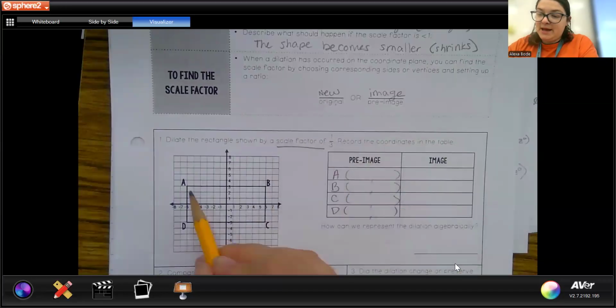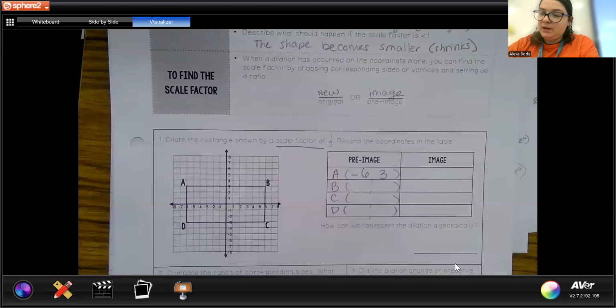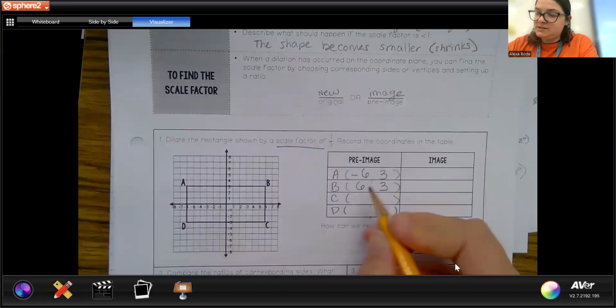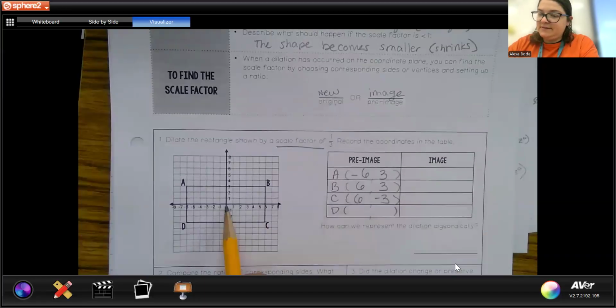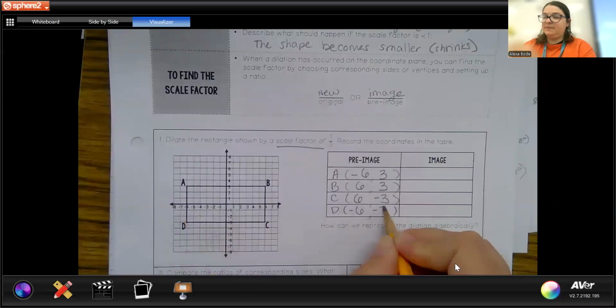So our original point A is over at -6 up to +3, so it's (-6, 3). B is over at 6 and up to 3, so this is (6, 3). C is over to 6 and down to -3, so this is (6, -3). And D is over to -6 down to -3, so it's (-6, -3).